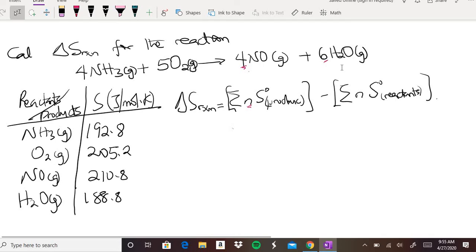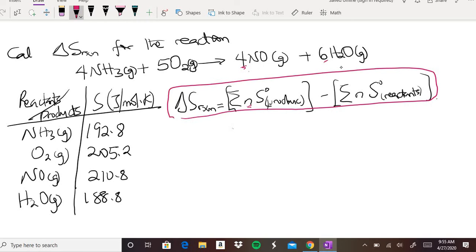The next example says calculate delta S, the entropy of reaction, for this reaction. What we need to use for this is the relationship that is written here, and the standard entropy for our reactants and products has been given in this table.